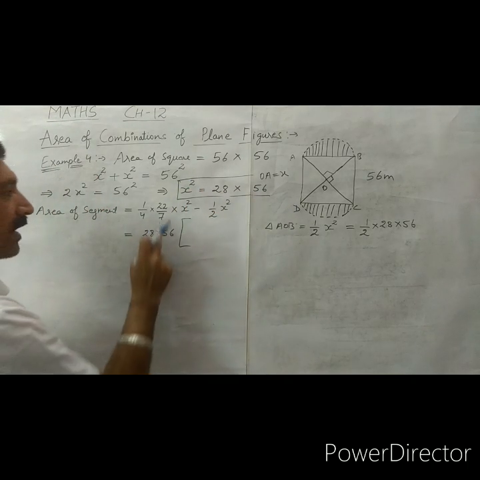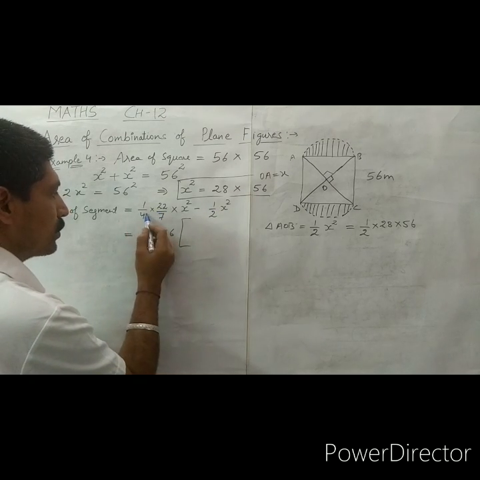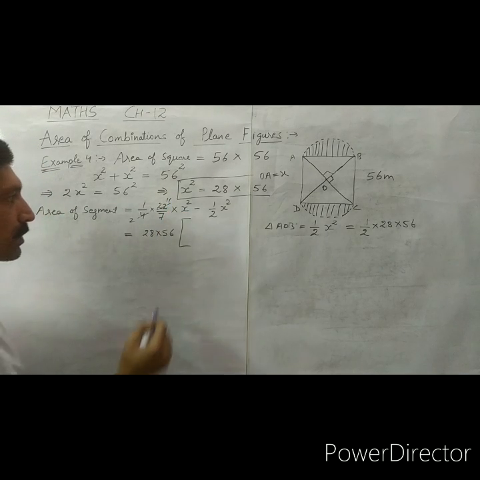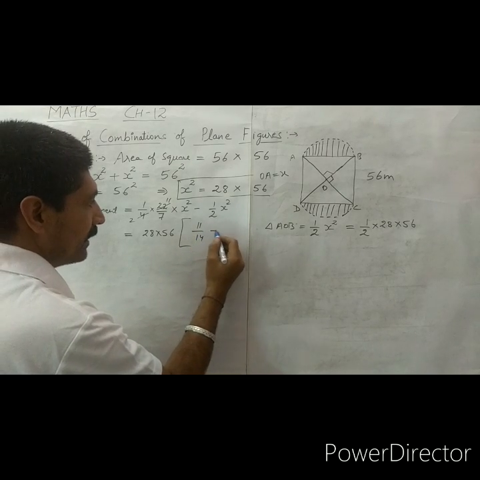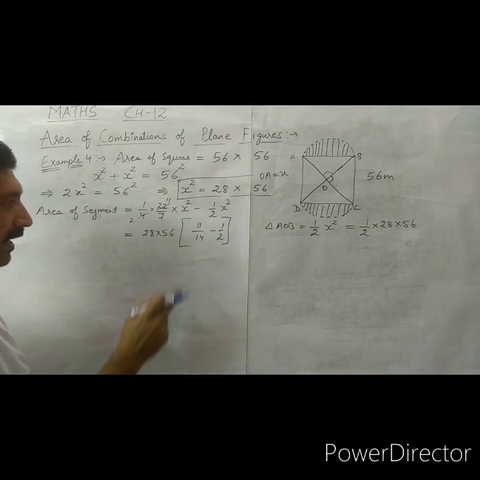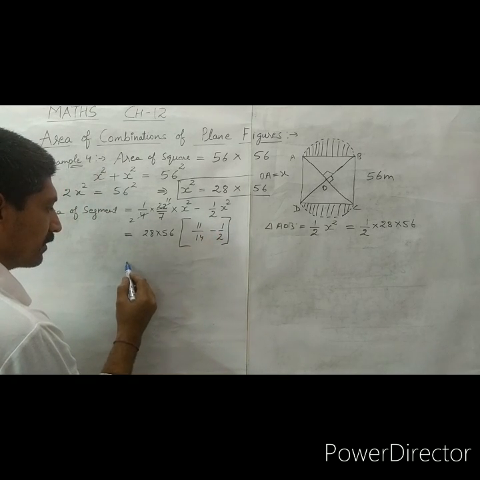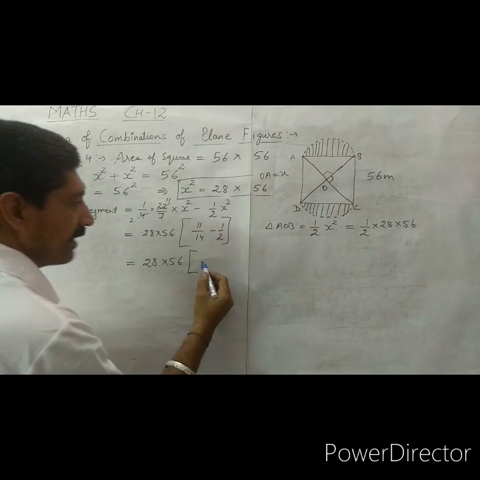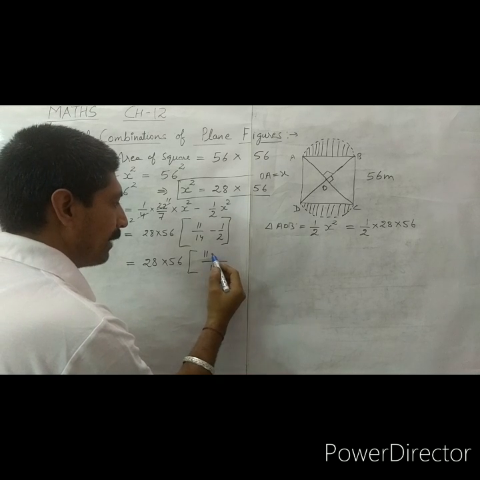Now I am left with 2 with 11. So we can go ahead with 11 upon 14 minus 1 upon 2. So here 28 into 56, the LCM is 14, and 11 minus 7.